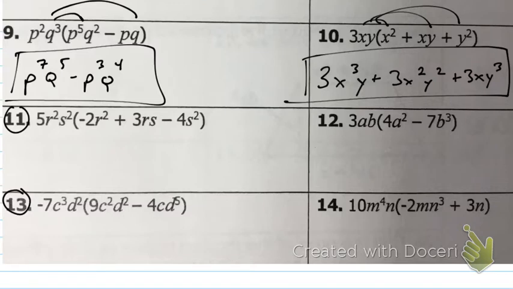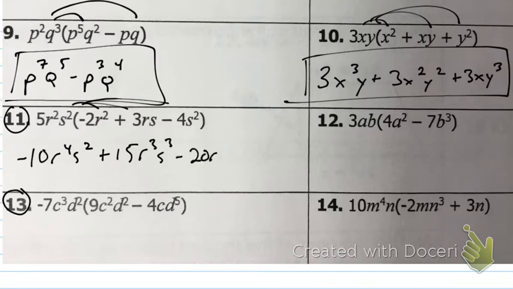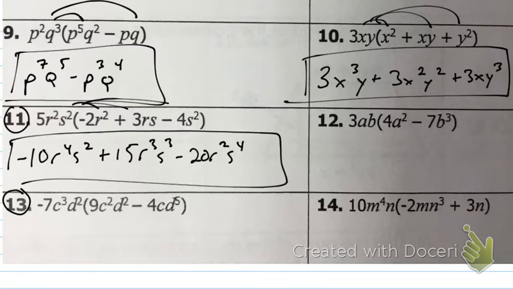I'm going to distribute that monomial, 5r squared s squared, to all three of these terms. Boom, boom, boom. I'm going to get a negative 10r to the fourth s squared. I'm getting a 15r cubed s cubed. And I'm getting a negative 20r squared s to the fourth. Everything's to the 6th degree, so I don't need to redo anything. Cool?